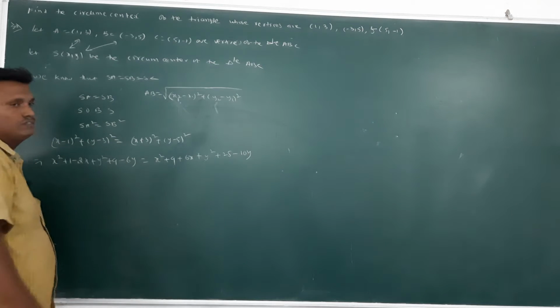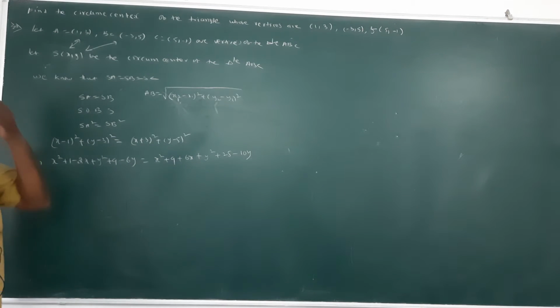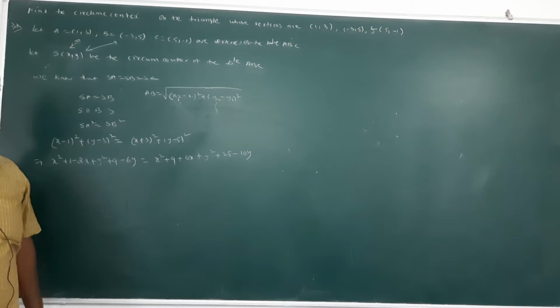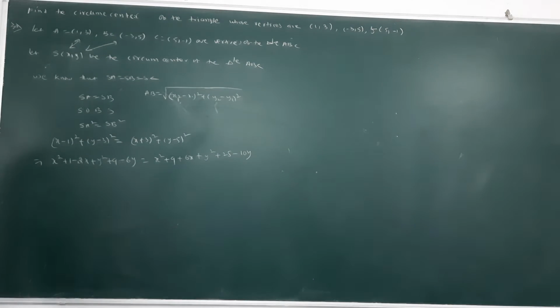This is (A plus B) whole square. What is the formula of (A plus B) whole square? A square plus B square plus 2AB. A is x, B is 3. A square is x square, 3 square is 9.